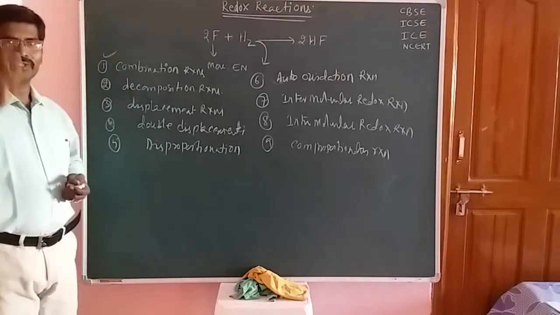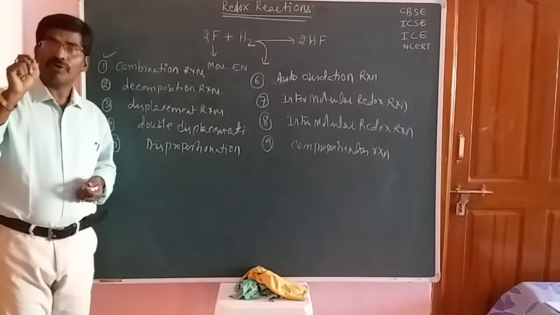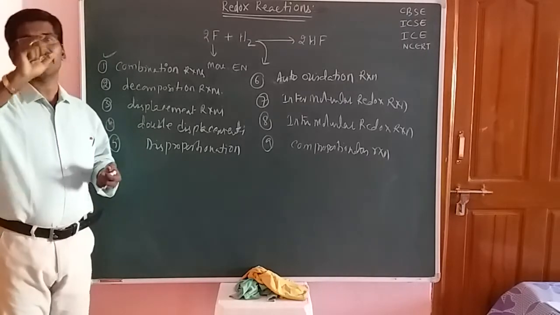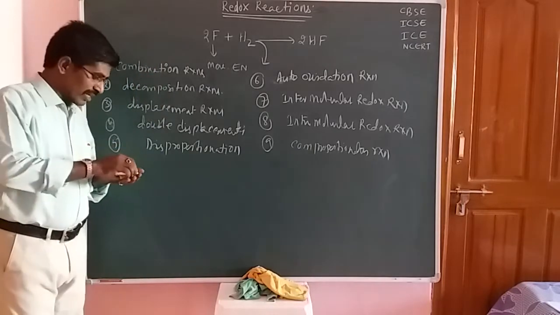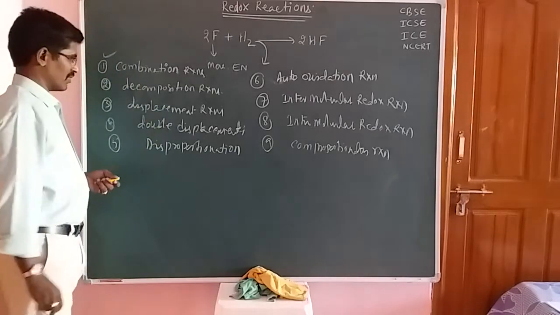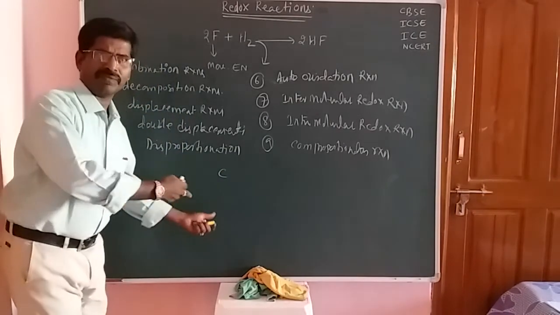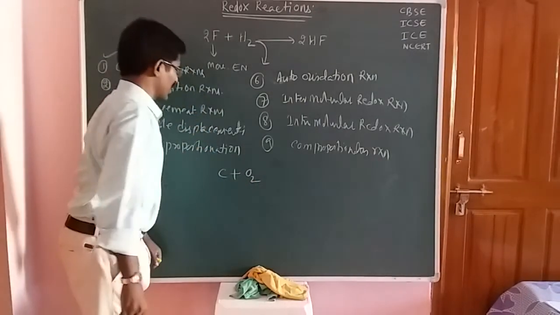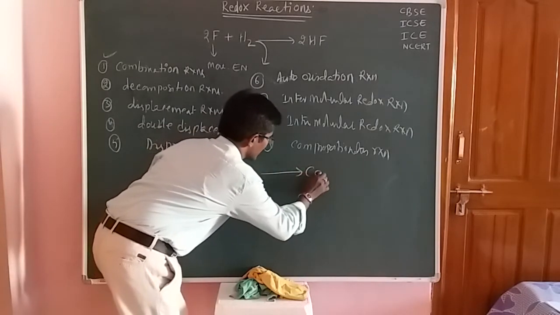Now one more point, students, you have to remember: all combustion reactions come under combination reactions. Now I will write examples. The first reaction: take carbon, which reacts with oxygen and gives rise to CO2 gas.